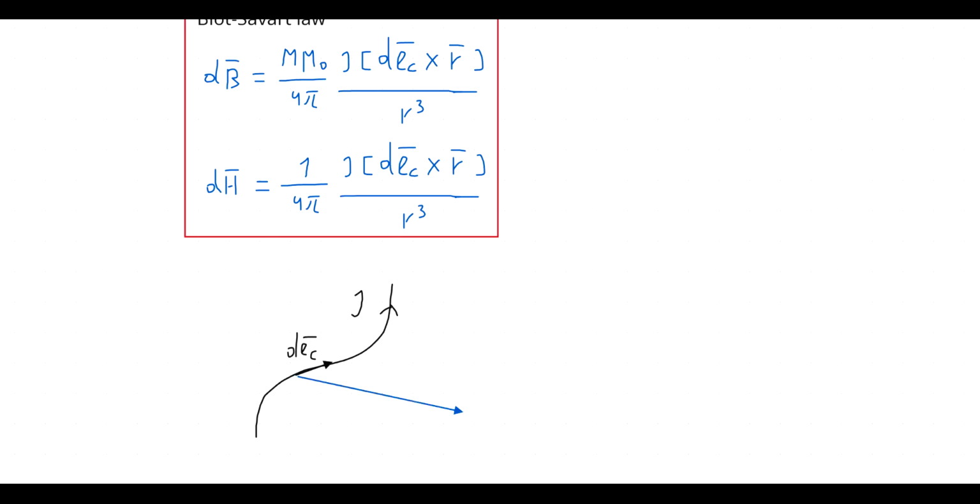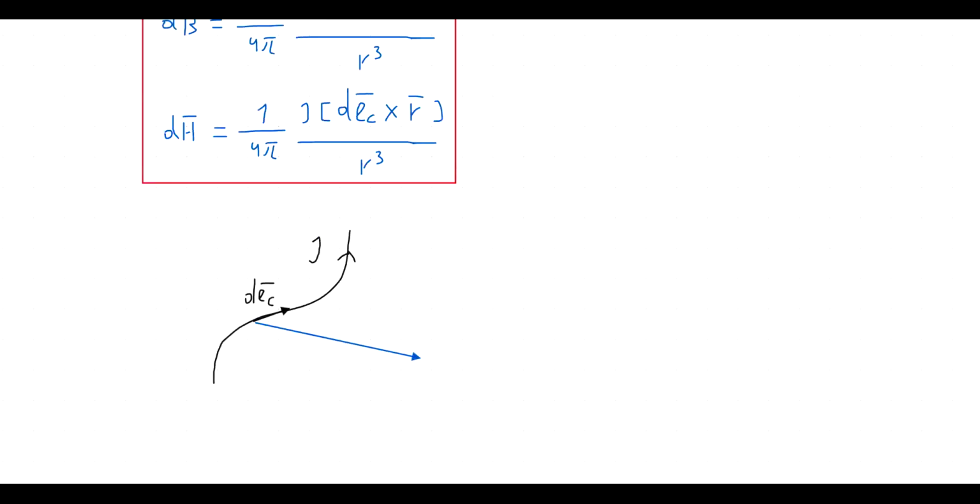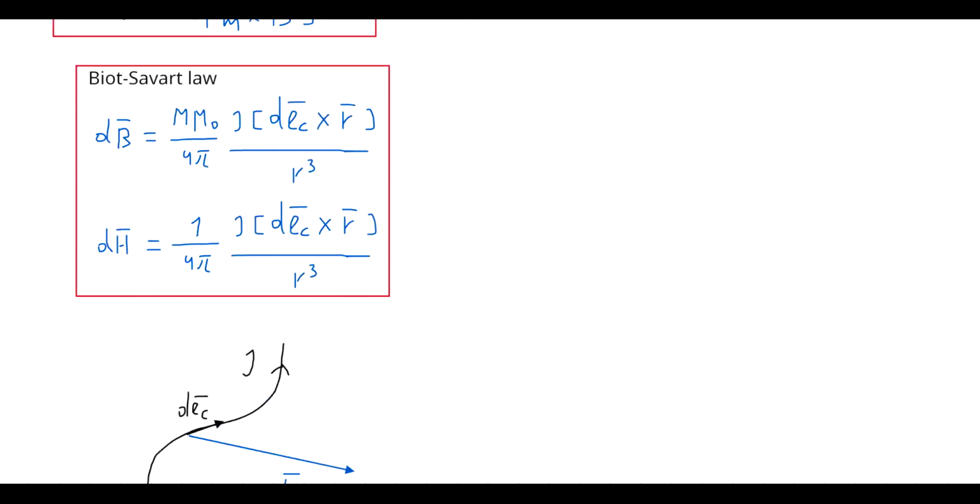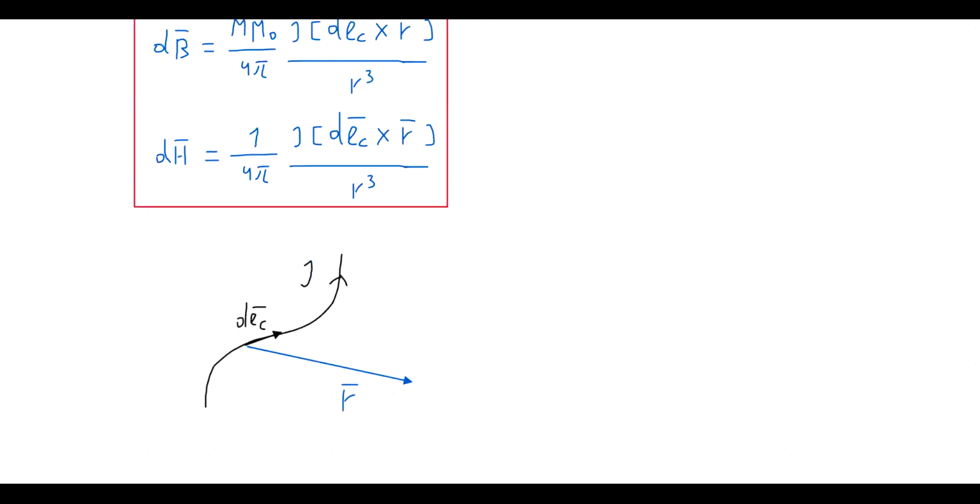According to the properties of the cross product, the magnetic induction vector B in this point will be directed from us to the screen.